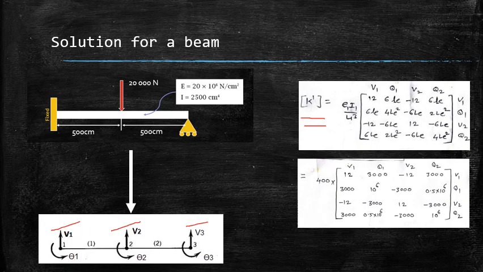These are the global degrees of freedom associated with element number 1. Element number 1 has global degrees of freedom V1 and theta 1 for node number 1, and V2 and theta 2 for node number 2. So upon solving, I will get this matrix. K1 is equal to this matrix.